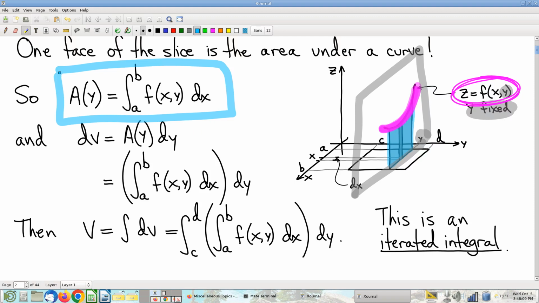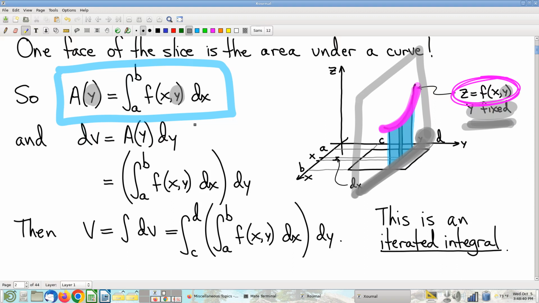Don't forget, we are taking an integral of f of x comma y with the understanding that we're looking in this cross-section where y is fixed, y is constant. So y is not allowed to change as we're computing this area, for that fixed value of y. Right? So while at a glance it looks like you've got an integral where there's two variables on the inside, that's an illusion.